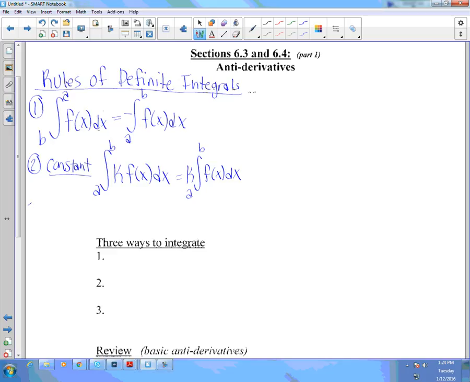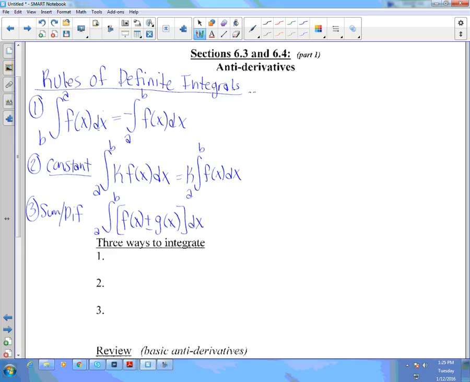Okay? Sum and difference. This means you can break up an integral as long as it's in polynomial form. Say we have f of x plus or minus g of x, all of this with respect to dx. Remember, dx is the width of your rectangles underneath the curve, and we're putting infinitely many rectangles.